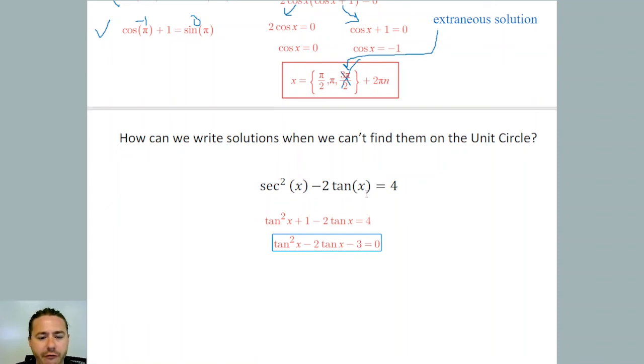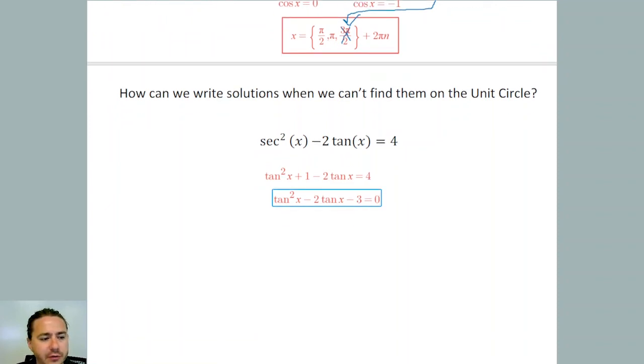So from here, I'm going to try to factor. So think about how we would factor this. Okay. So if we had something like x squared minus 2x minus 3, we're trying to find two values that multiply to negative 3 and add up to negative 2, so that'd be negative 3 and positive 1.